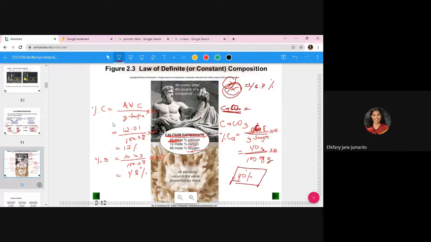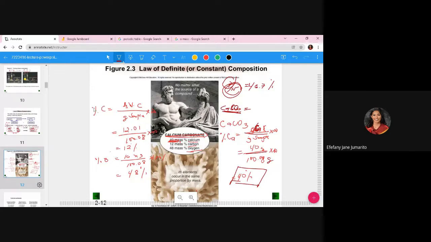Now, what about the composition of carbon? When we ask for composition, you give percent, just like this: 40% of it is calcium, 12% of it is carbon. How do we calculate if you are asked for percent carbon?